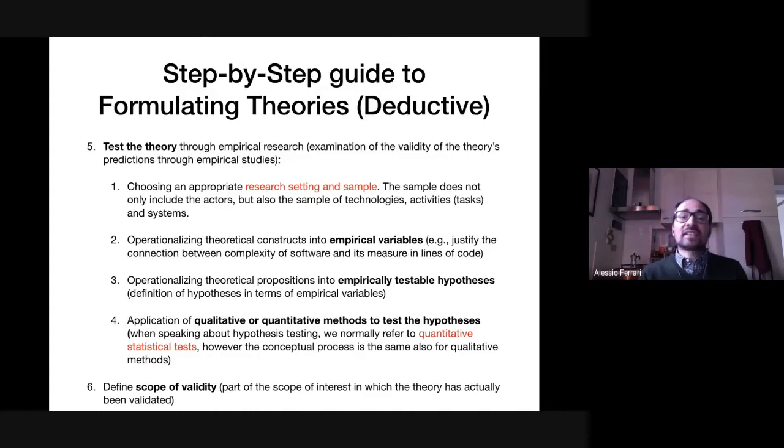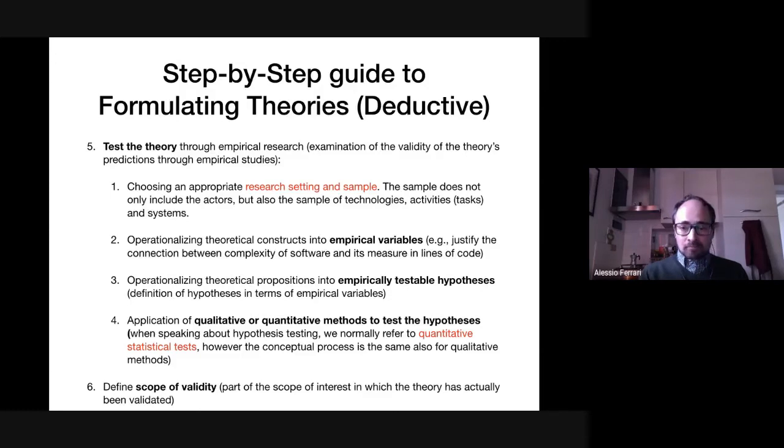The research setting can be, for example, a company, or a laboratory. We will see in the different examples of research strategies that different settings are possible, more natural or more contrived, so more artificial. A lab is an artificial setting, a company is a more natural setting.